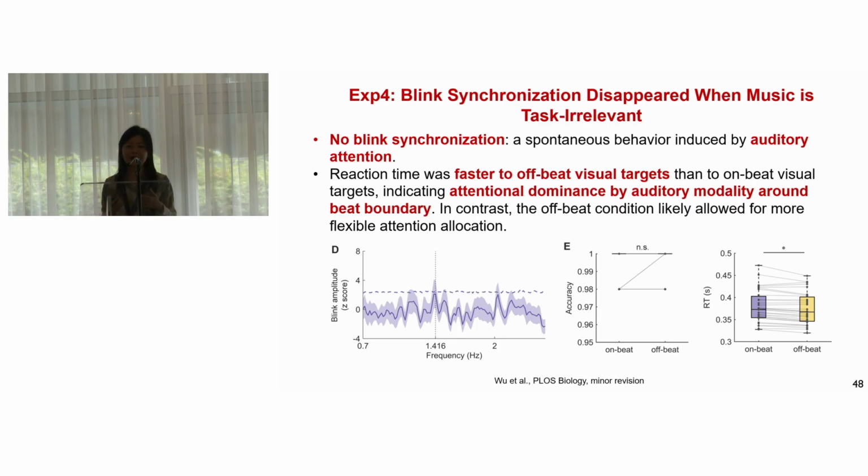We interpret that when we're listening to music and doing this task, for time points around the beat boundary, our attention may be driven by the auditory system and the music structure, more dominantly by the auditory modality. So the on-beat signal is even harder to detect. In contrast, the off-beat signals are more likely to allow us to apply flexible attention allocation.